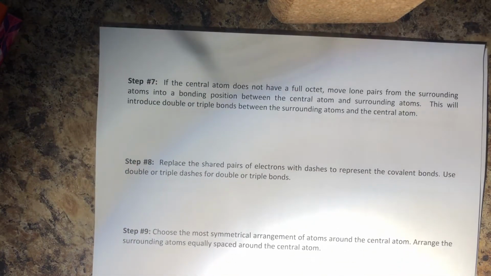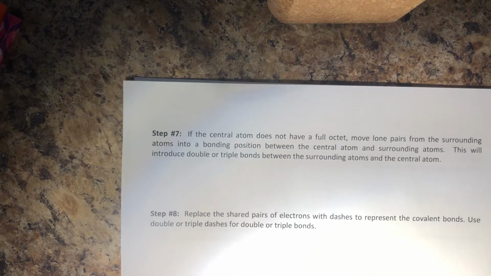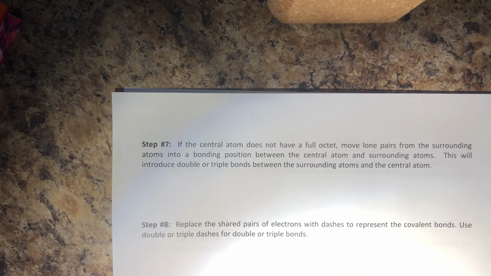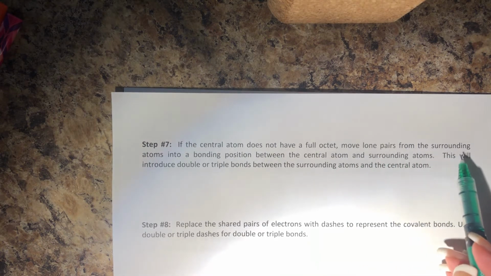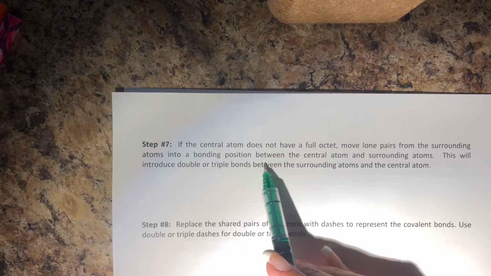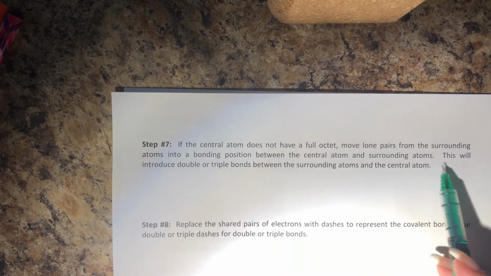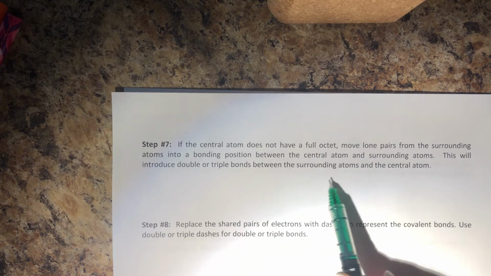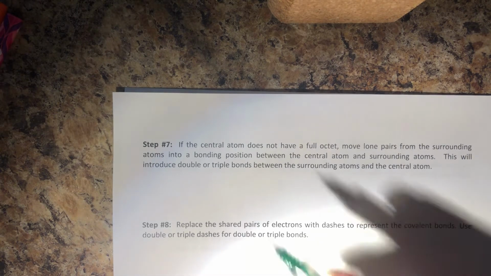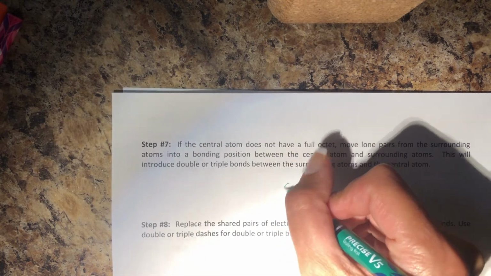Step 7 says, if the central atom does not have a full octet, move lone pairs from the surrounding atoms into a bonding position between the central atom and the surrounding atoms. This will introduce double or triple bonds between the surrounding atoms and the central atom. We did that already.